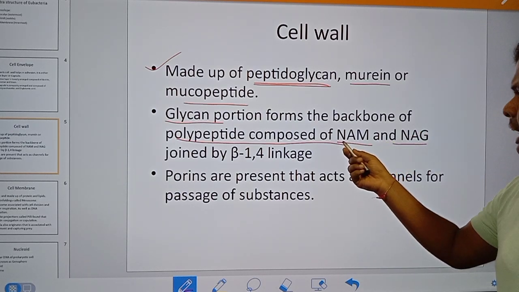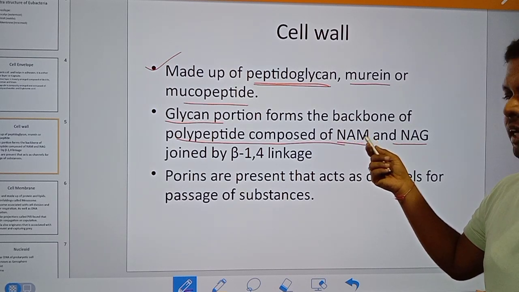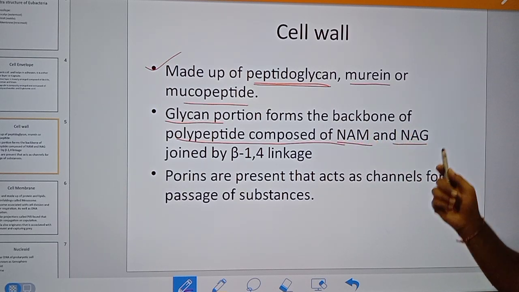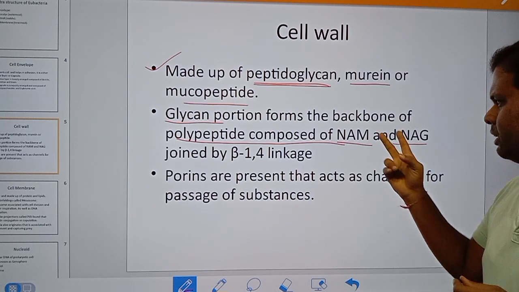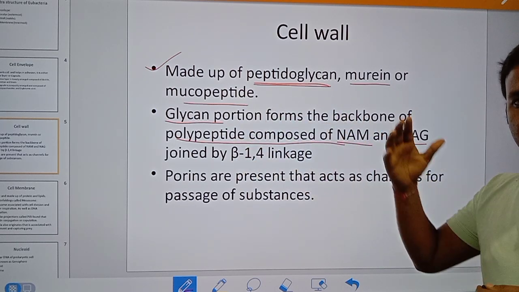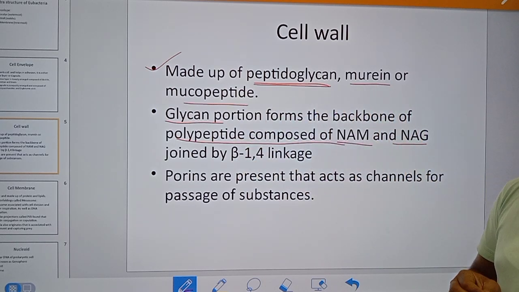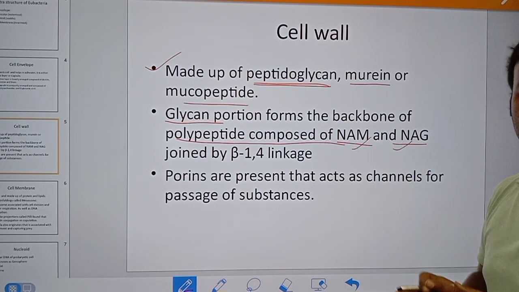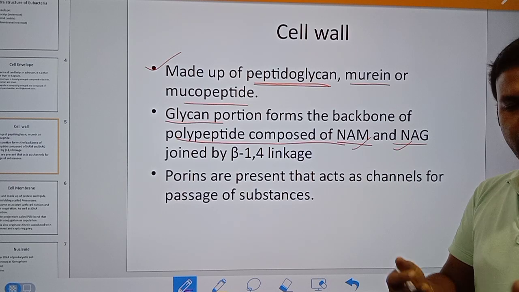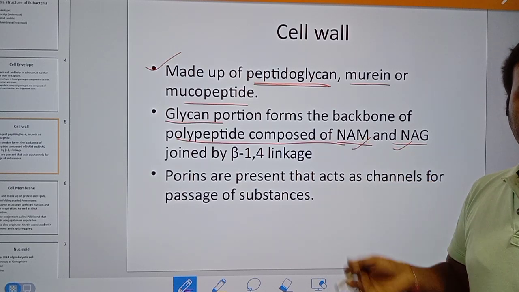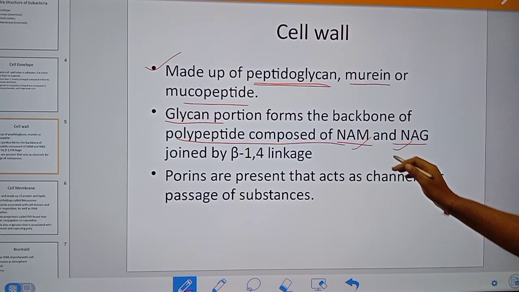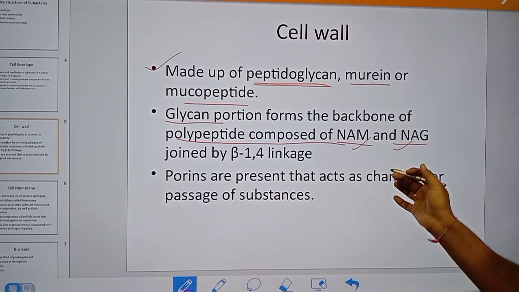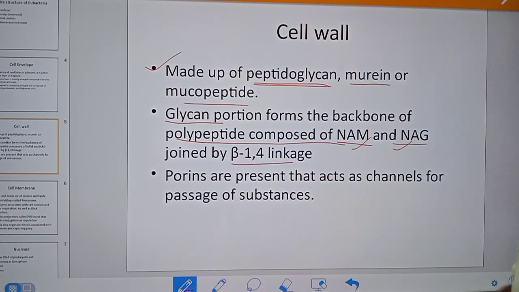These compositions are present in the peptidoglycan of the cell wall of prokaryotes. It is important to remember NAM and NAG, as questions may come, probably not in plus 2 level, but in higher classes or entrance exams these questions will be frequently asked. You can search anywhere else. This NAM and NAG are connected to each other by beta 1,4 linkages.